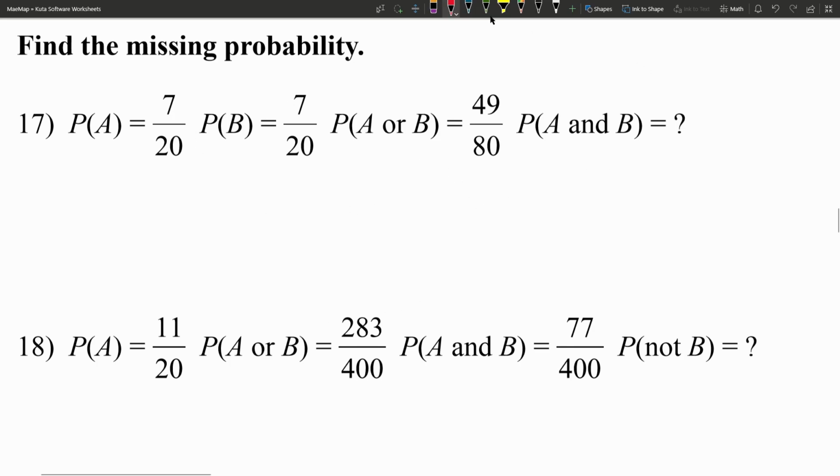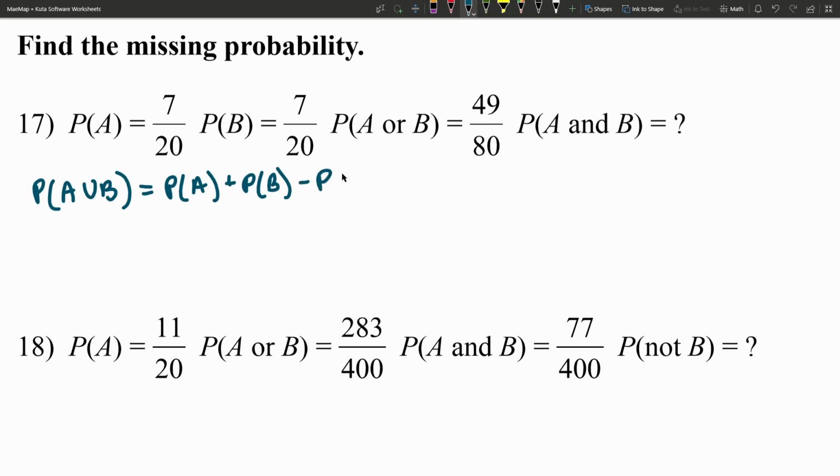We know a formula that relates all of these together. The probability of A or B, A union B, equals the probability of A plus the probability of B minus the probability of A and B. Now, because we're solving for this, I'm going to go ahead and rewrite this formula in terms of that intersection. So think about it.